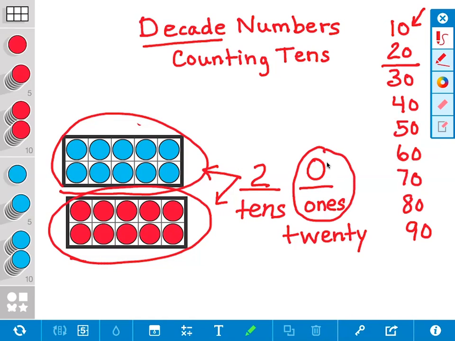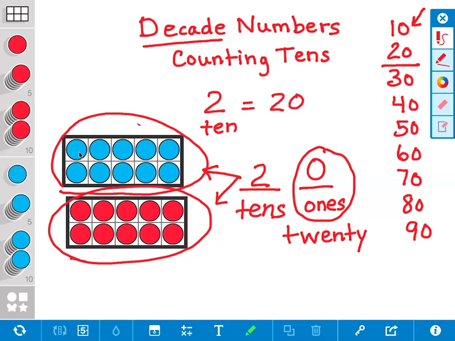Now, this is not just 2. If I saw these 2 frames and I wrote 2, there's not just 2 circles there. It's 2 groups of 10, and that equals 20.